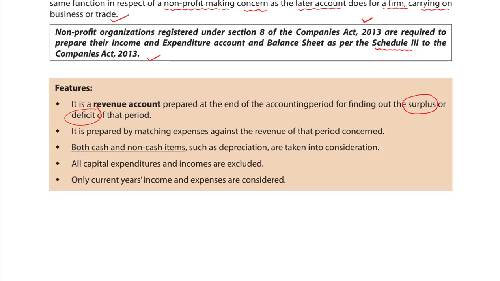Next, it is prepared by matching expenses against revenue of that period concerned. Both cash and non-cash items such as depreciation are taken into consideration. All capital expenditures and incomes are excluded. Only current year's income and expenditures are considered.